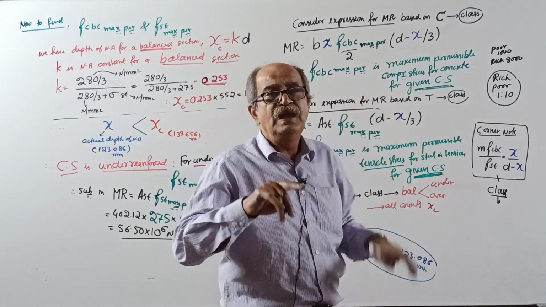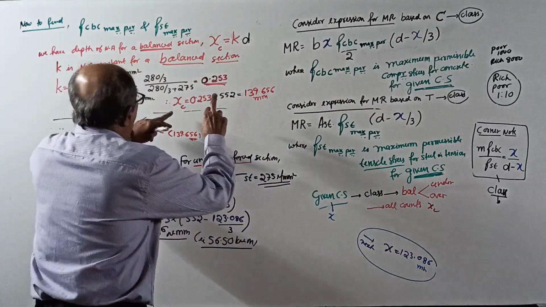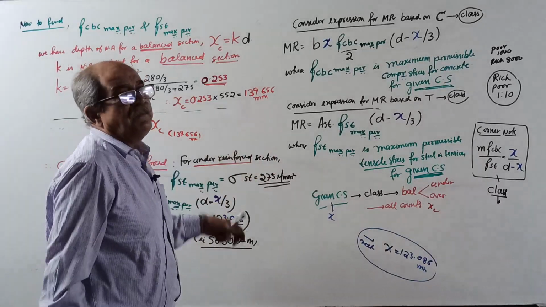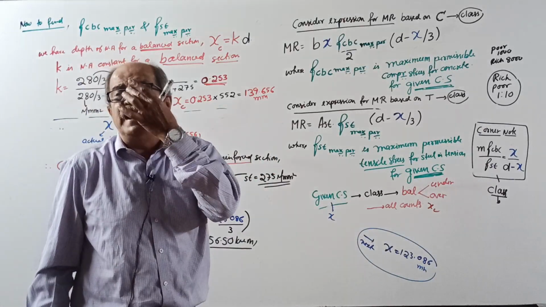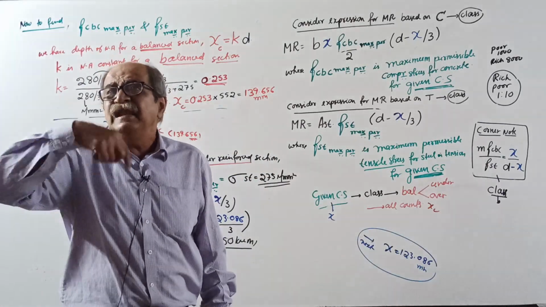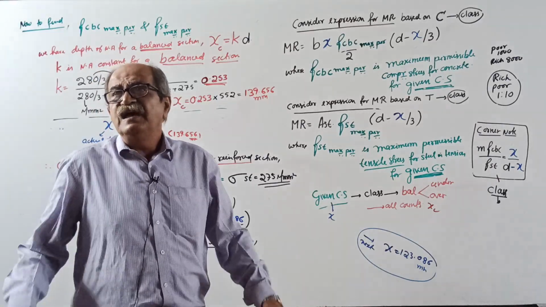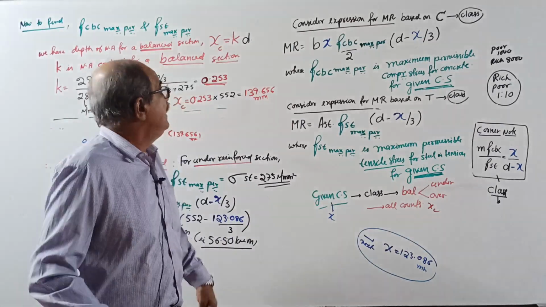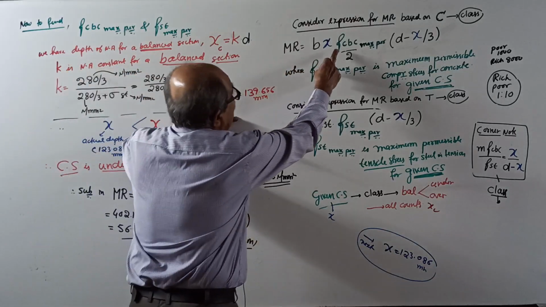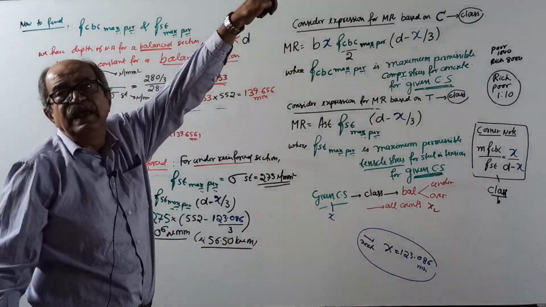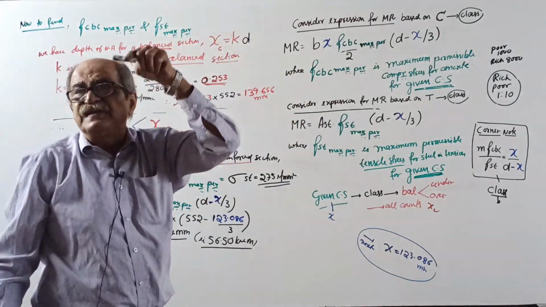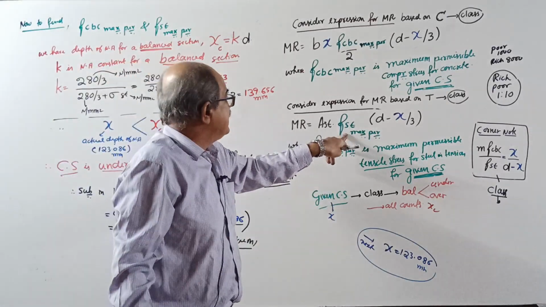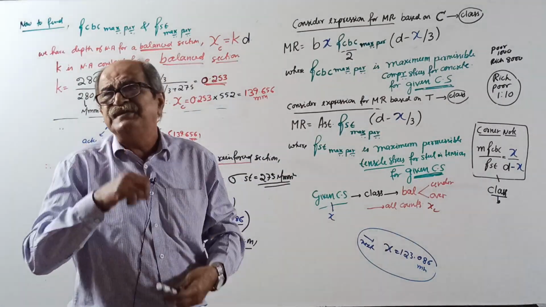For others, in an under reinforced section, the area of steel provided in tension is less than that for a balanced section. In a balanced section, when FCBC reaches sigma CBC, its permissible limit, at the same time FST, the stress in steel, will reach its permissible limit.